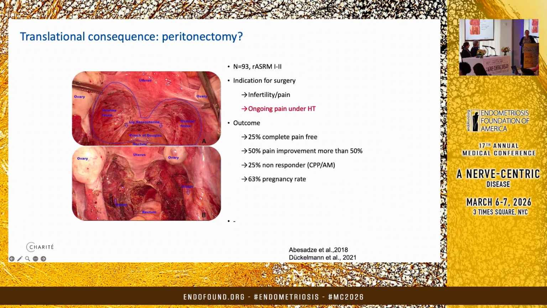And we followed more than 100 cases like this, without other lesions, only the peritoneal lesions. We had in 25% a complete pain-free situation later, and in 50% pain improvement. So that is also very good. Of course, 25% are non-responders, maybe due to severe adenomyosis or because of central sensitization and so on, because it's complex.